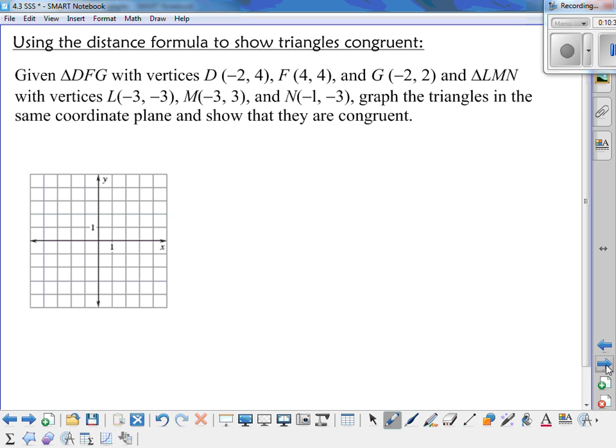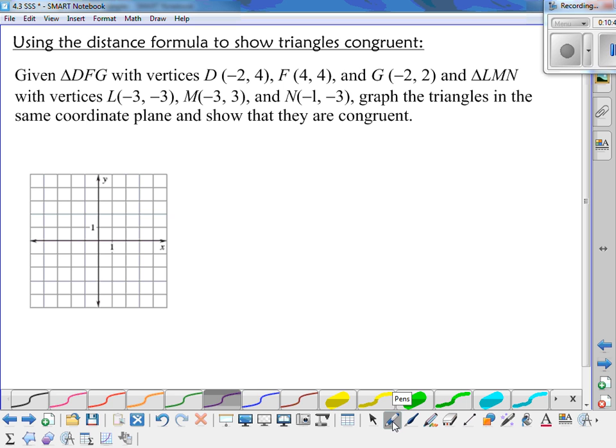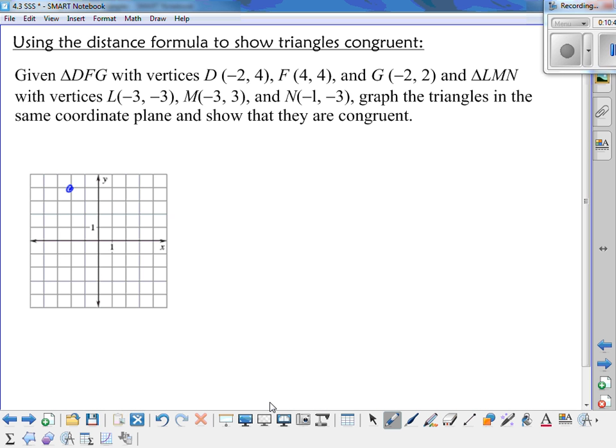Okay, we can also use the distance formula to show that triangles are congruent. So I'm given triangle DFG, which is D is at (-2, 4), F is at (4, 4), and G is at (-2, 2). So there we have triangle DFG.